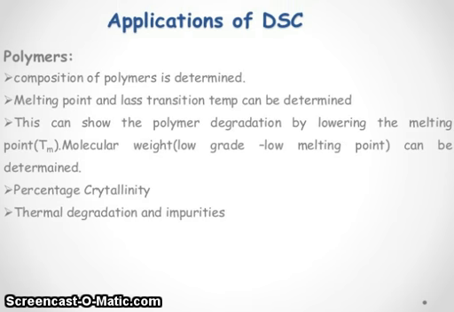Now applications of DSC. Polymers: composition of polymers is determined, melting point and glass transition temperature can be determined. This can show the polymer's degradation by lowering the melting points. Molecular weight, low grade, low melting point can be determined. Percentage crystallinity and thermal degradation impurities.